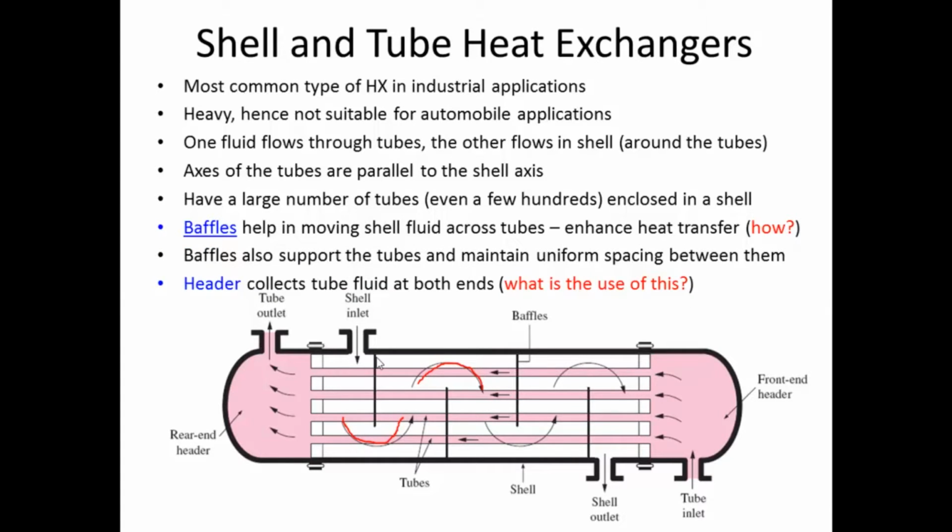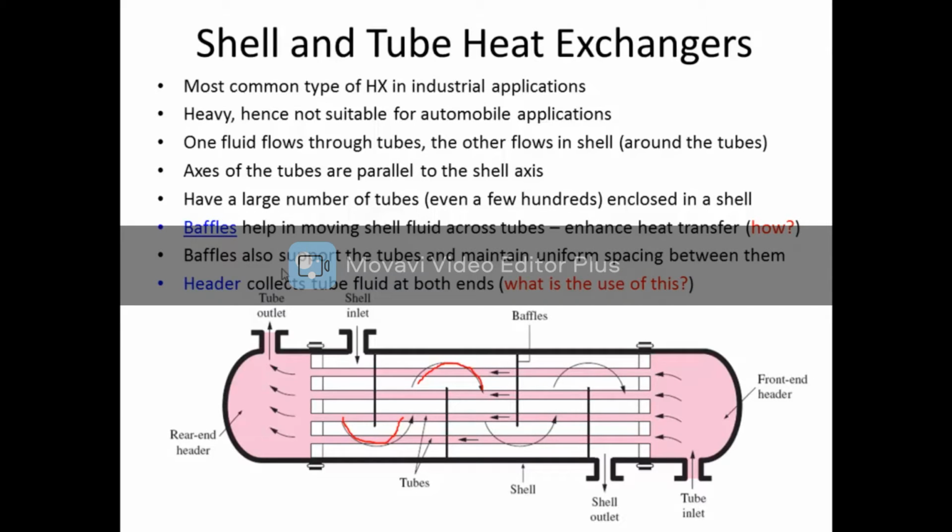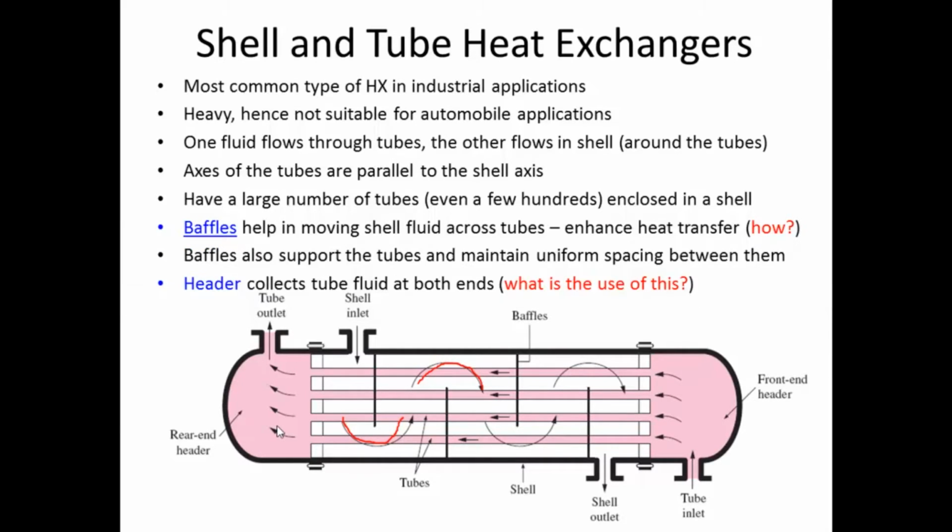The baffles are attached to the shell, and they carry holes through which the tubes are inserted. So that way they also lend structural support to the tubes and help in maintaining uniform spacing between the tubes. As I mentioned, the header collects the tube fluid at both the inlet side and the outlet side.